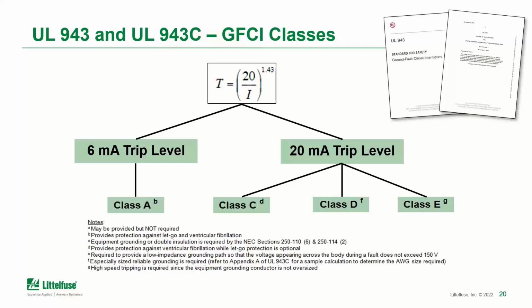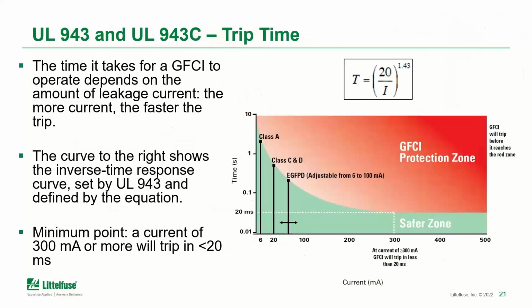Now at the top, I've drawn a line to a box showing a formula: 20 over I to the power of 1.43. That is the curve that UL uses for 943 for the Class A GFCI, and the special purpose ones follow the same curve. So this is the curve here.